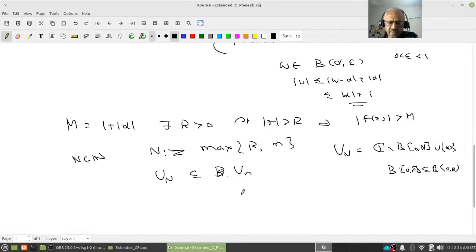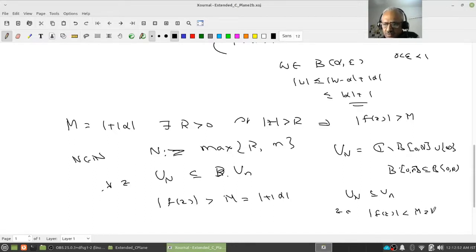This is clear. Therefore, for every z here, what should I have? Mod f of z should be greater than M, which is 1 plus mod alpha. But U_N is contained in U_n, that means for every z in this, mod f of z should be less than M, which is 1 plus mod alpha, a contradiction.